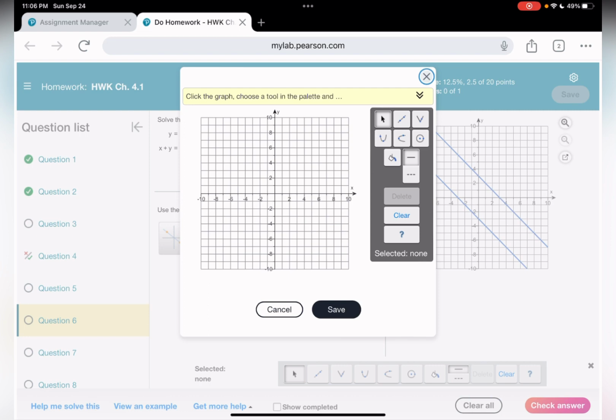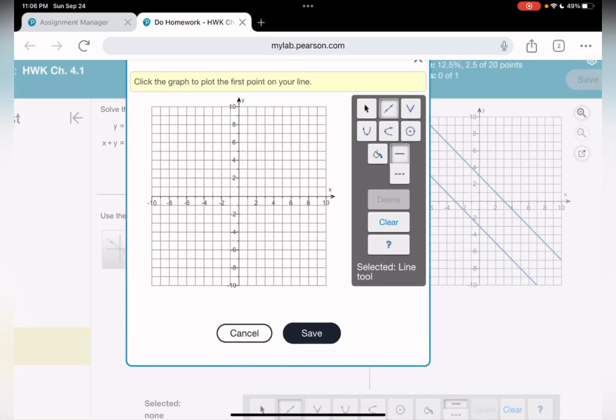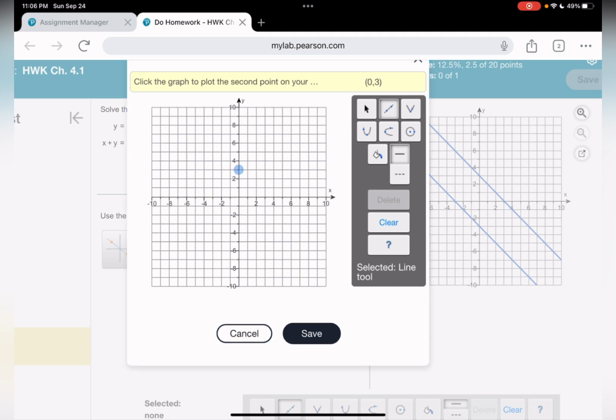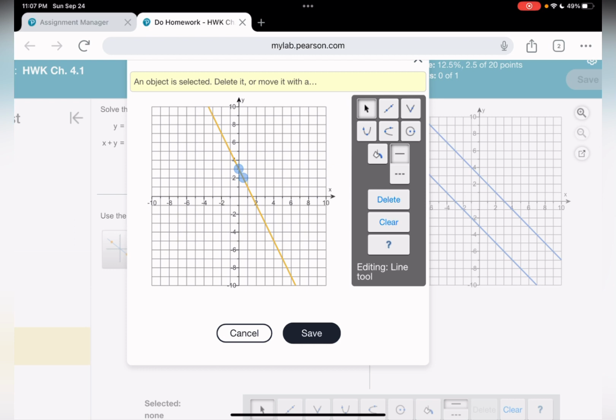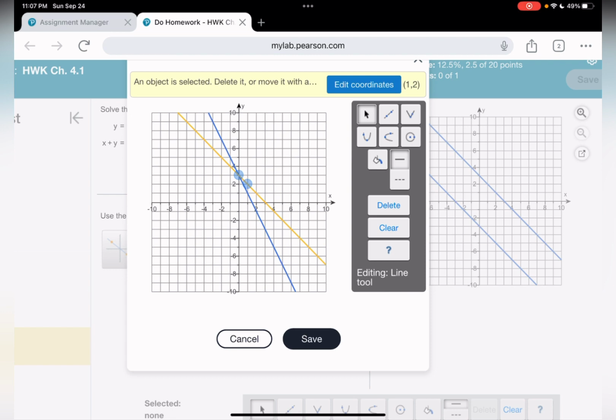First one, I'm doing negative x plus 3. So I'm starting with 3. So negative x meaning the slope is negative 1. So negative 1 over 1, I'm going down negative 1 and then positive 1. Negative 1, positive 1, okay.